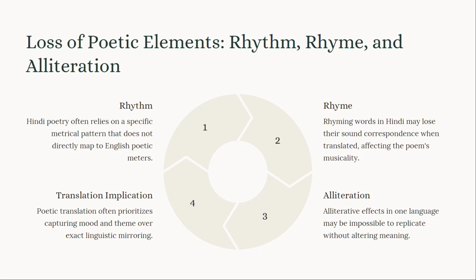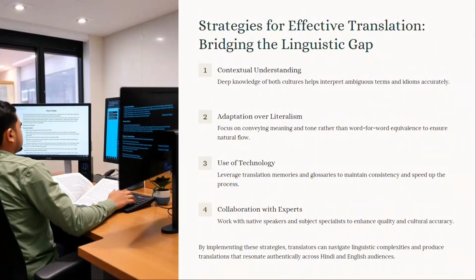This will be the loss of poetic elements which does not have any possible solutions mostly, because rhythm cannot be translated, rhyme cannot be translated, alliteration most of the time would be a problem. It may not be possible to replicate without altering meanings. What are the strategies that we can use? First, contextual understanding.